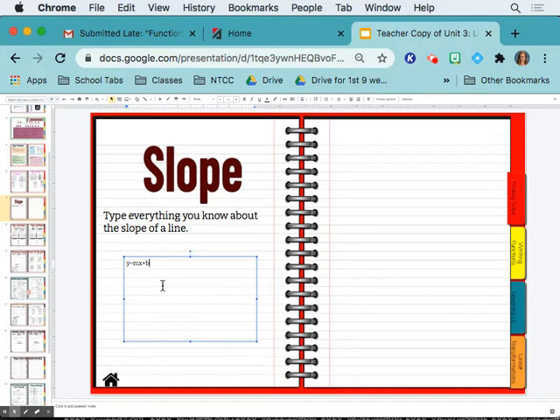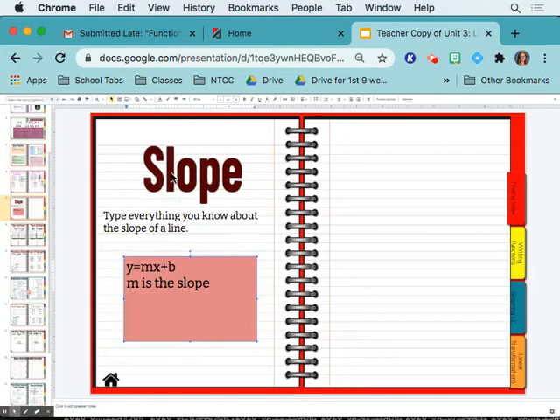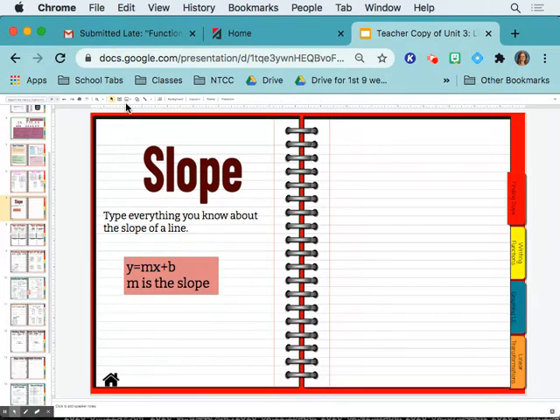M is the slope. Okay, so that's one. Okay, what else can we write about slope?